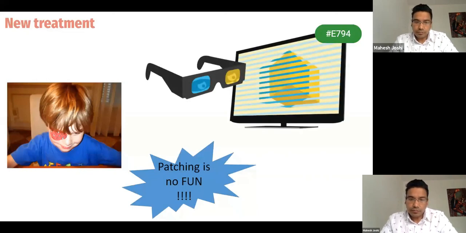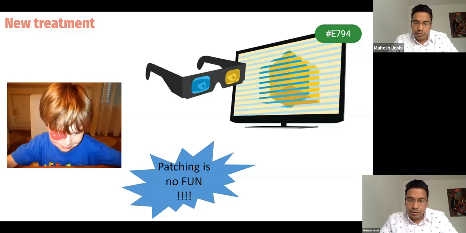Similarly, if we think about it, amblyopia is a binocular problem, right? There is poor coordination between the two eyes that causes amblyopia, and from the definition itself, it's a binocular problem. And the patching treatment that we use is a monocular treatment. So we are treating a binocular condition using a monocular treatment, right?